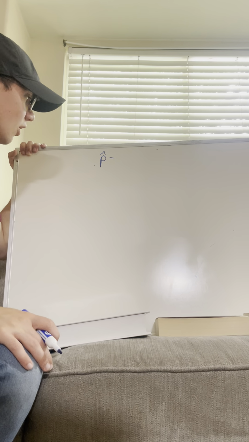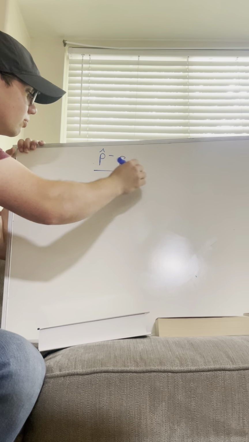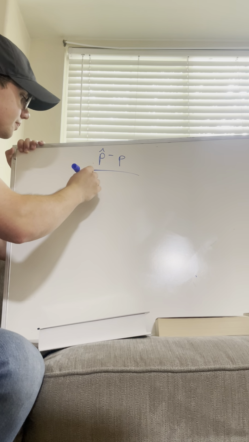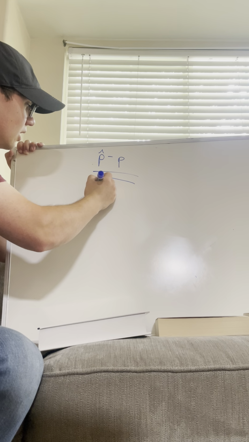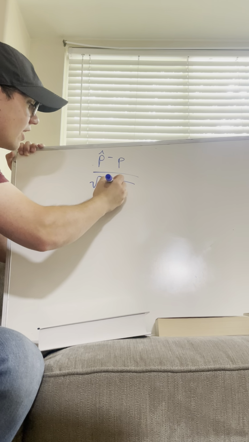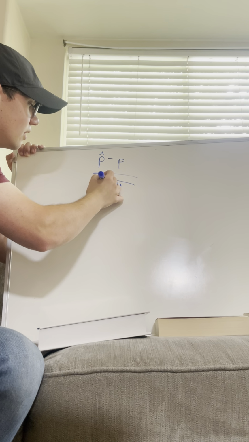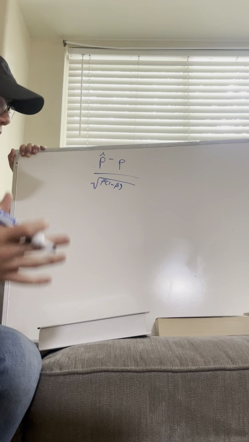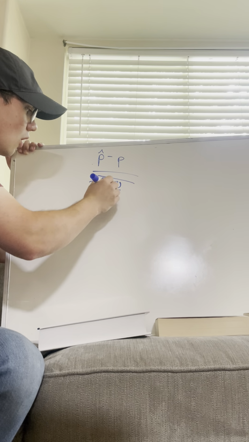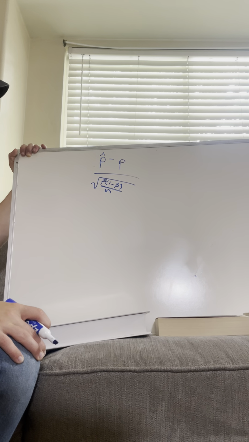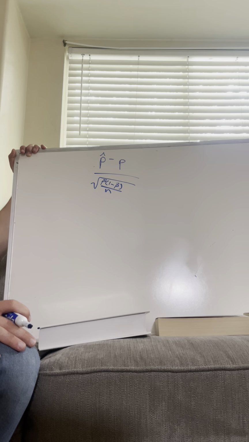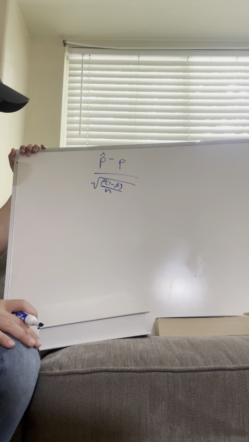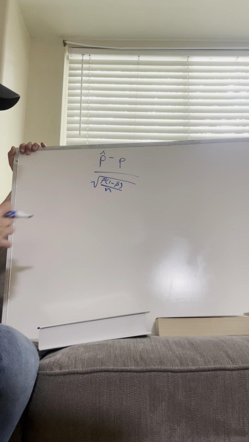It's the proportion of our sample minus the true population proportion over the square root of the variance. And if you recall, the variance of a proportion is just the proportion multiplied by 1 minus that proportion over the sample size. So very similar to means. We're just switching out for proportions.